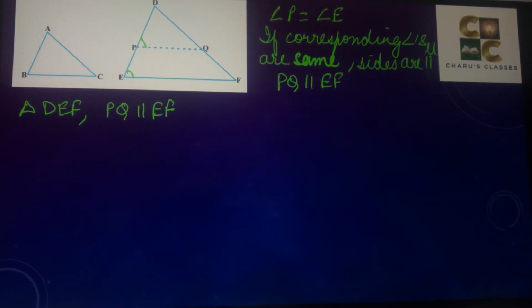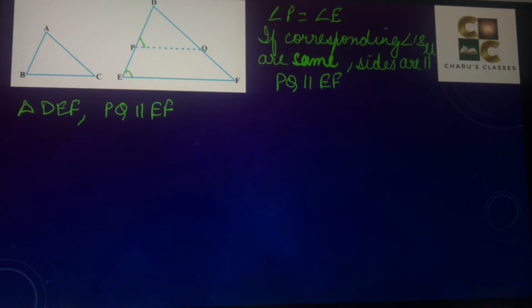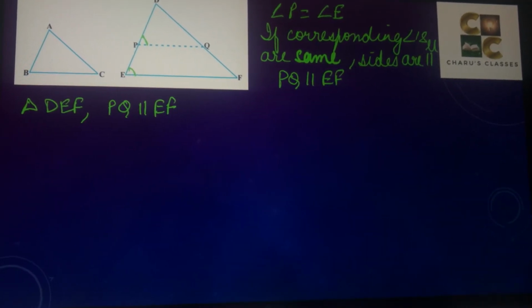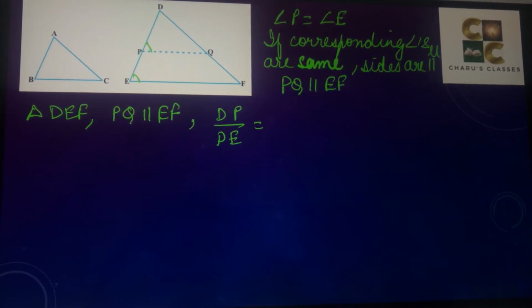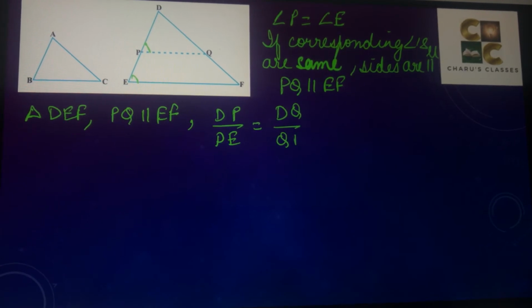It says that if a line in a triangle is parallel to one of its sides, then it intersects the other two sides in equal ratio, which will mean that DP by PE is equal to DQ by QF.